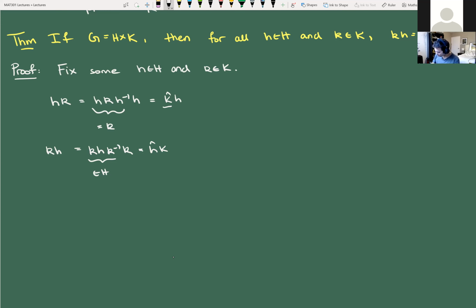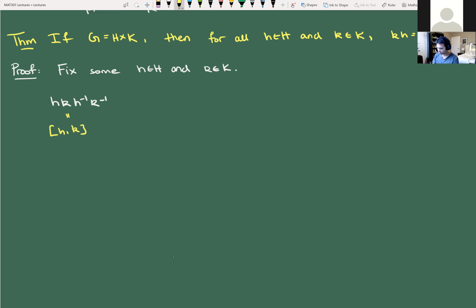So the other thing to keep in mind here, let me show you how I did it, and maybe that will help. This is a common thing that we do, especially in group theory. Let's take hk h inverse k inverse, right? And remember, this is the commutator of h and k, just as a little aside. If we can show that this thing is the identity, then we're done.